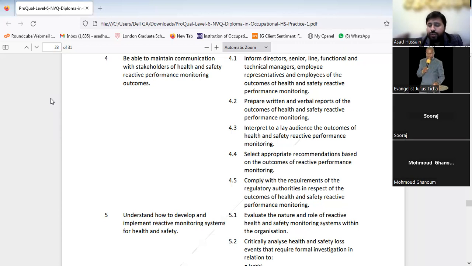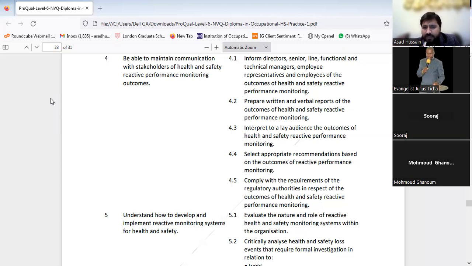So how will you interpret the information and explain it to them? Simply, you will use the same techniques, but the medium you use will be easy to understand for the lay audience, showing what you have achieved with these reactive monitoring systems. So you have to share the performance of that.